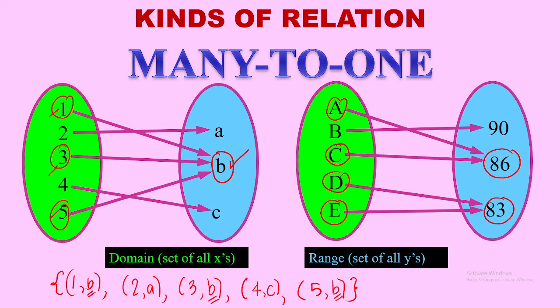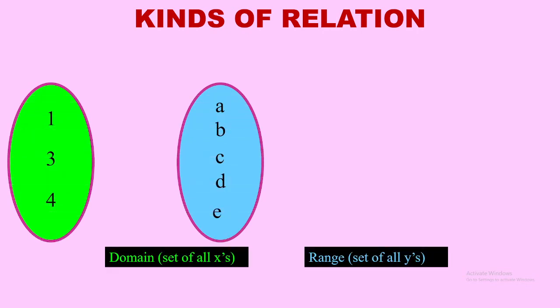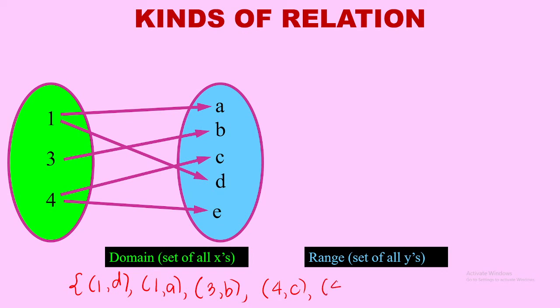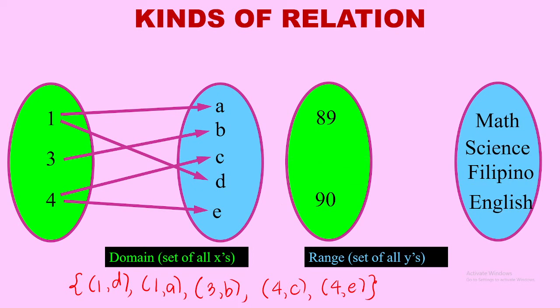Now let's go to the third kind of relation. Let's have the mapping first. So I have here 1 and D. I have 1 and A. I have 3 and B. I have 4 and C. And I'll be pairing 4 and E. And as well as 89 is your grade in math and science, 90 is your grade in Filipino and English.